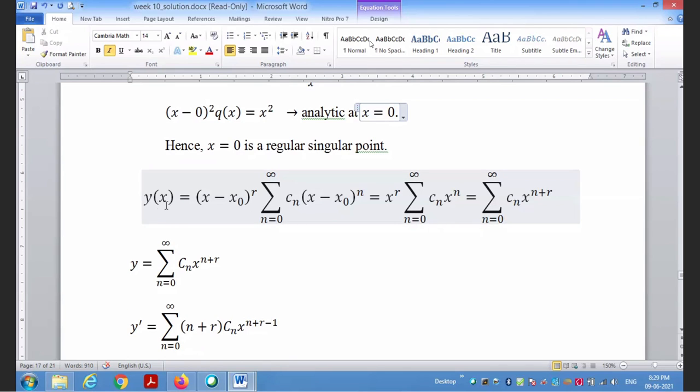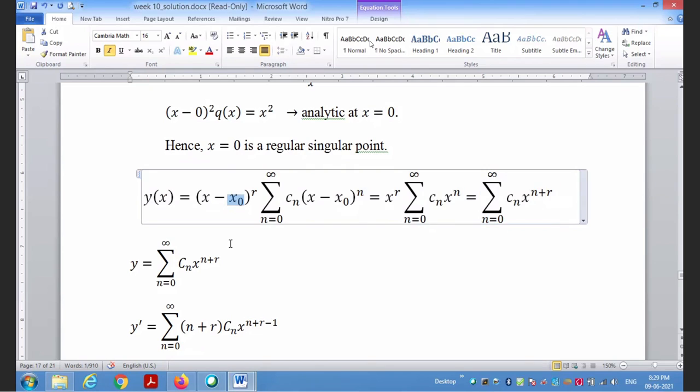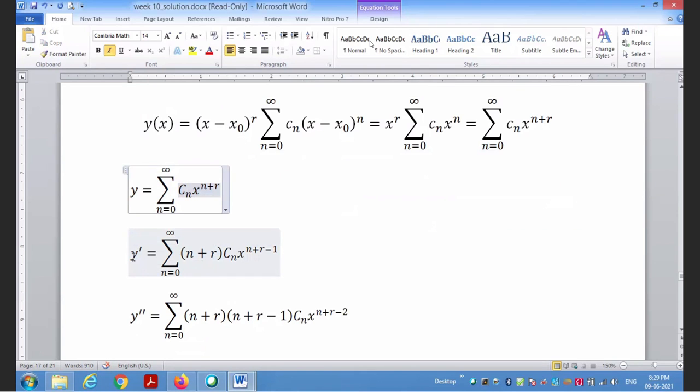So y equal to these summations, because x naught is equal to 0. So we have this, and then y prime as before equal to the sum of n plus r, cn x to the n plus r minus 1, whereas y double prime equal to the sum of n plus r, n plus r minus 1, cn x to the n plus r minus 2.